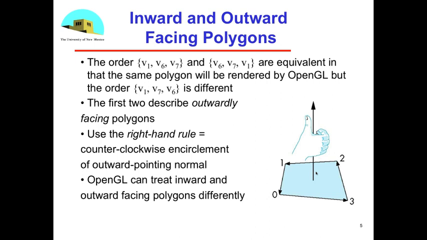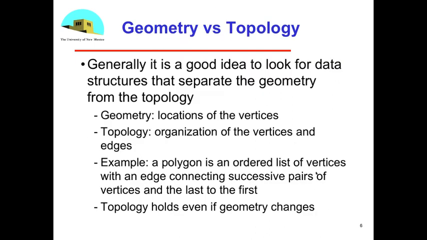Now let me get back to this geometry versus topology issue. The geometry is where things are located, because where are these vertices in space? The topology is really about how they're organized in terms of vertices and edges.